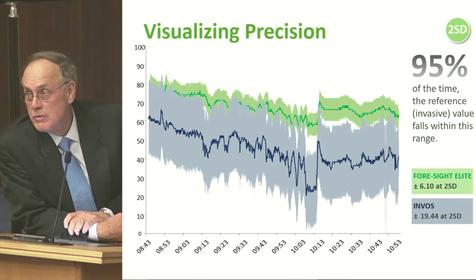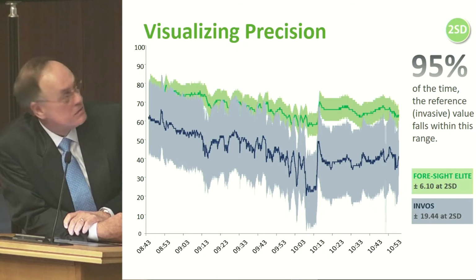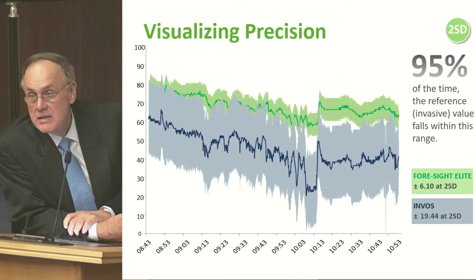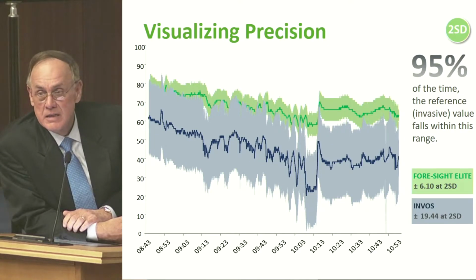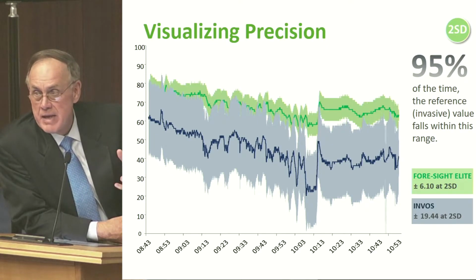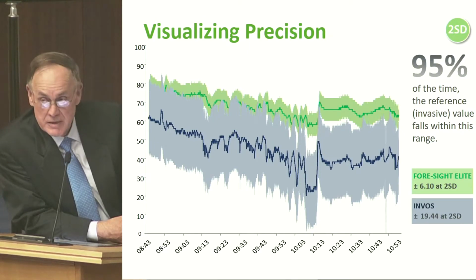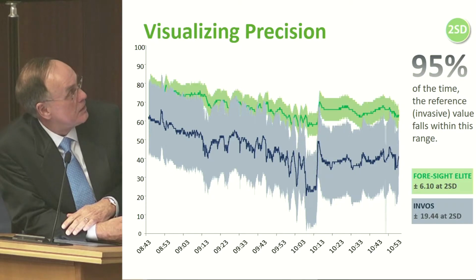As a doctor, you don't know which one is correct, right? If you compare that to Foresight, you can see that the number stays very close to the true value. And again, it's only because of mathematics and physics. It's not a defect in the product. It's just limited by what it can do.